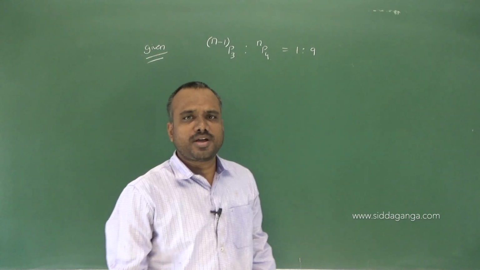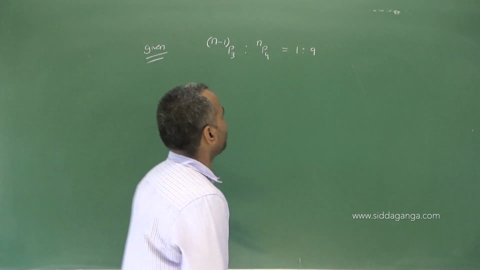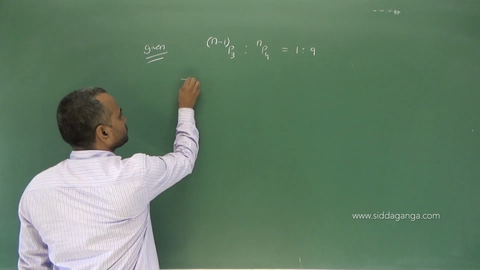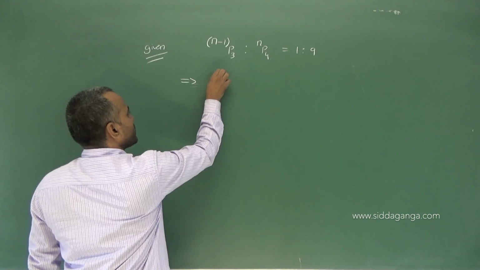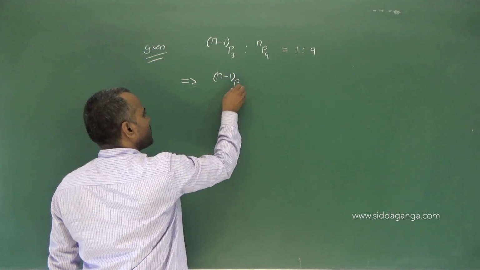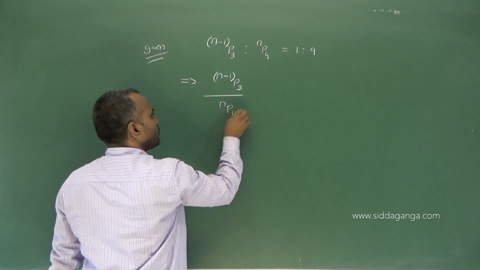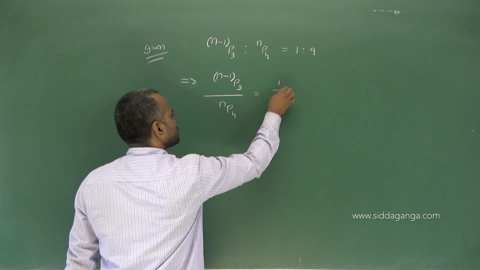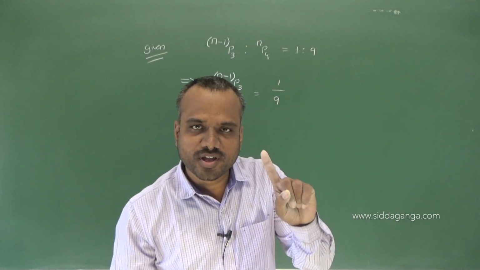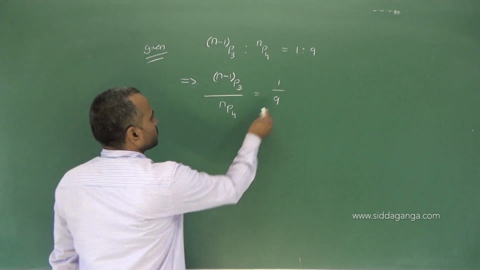Given (n-1)P3 : nP4 = 1 : 9. So that implies (n-1)P3 divided by nP4 equals 1 by 9, since A is to B we can write as A by B. Then cross multiply.